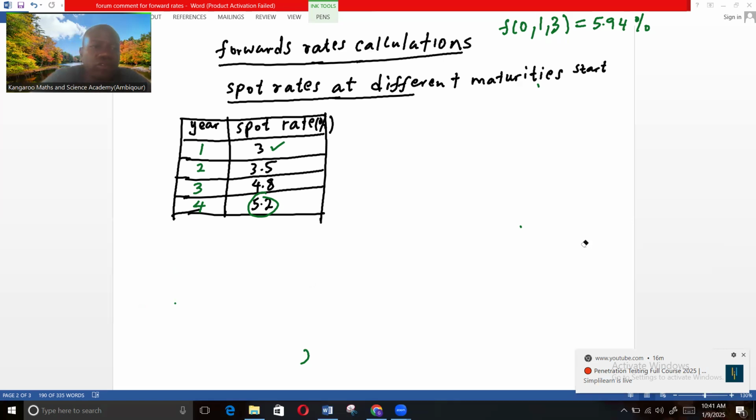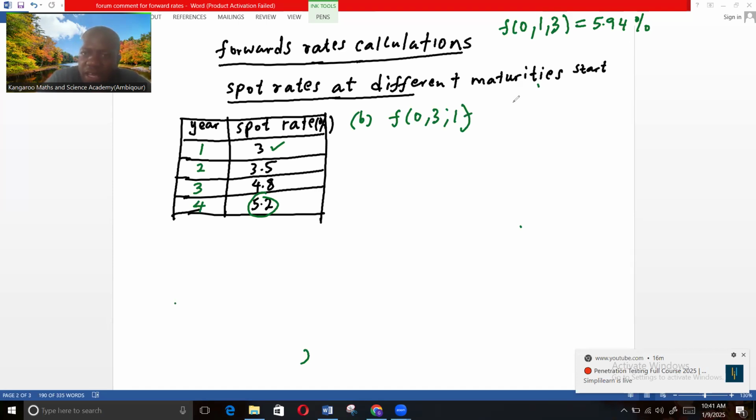Now we are looking for, okay, number B, let's say we want to determine the F(3,1). This is different because that one was F(1,3). What does this mean?